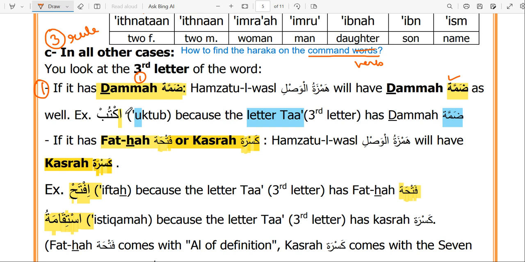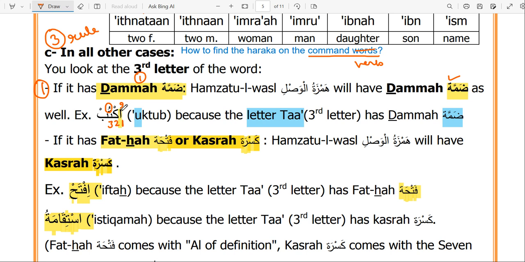Check the third letter. The first letter starts with this hamzatul wasl, then the second letter, and the third letter. The third letter is the ta. What haraka does it have? If it has a dhamma, put a dhamma on the hamzatul wasl. That's how you will know that this command verb should start with a dhamma. Uktub.